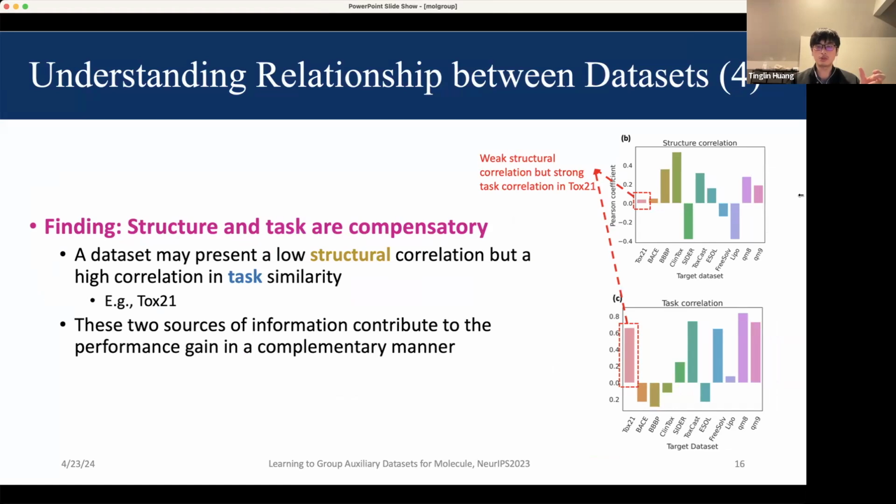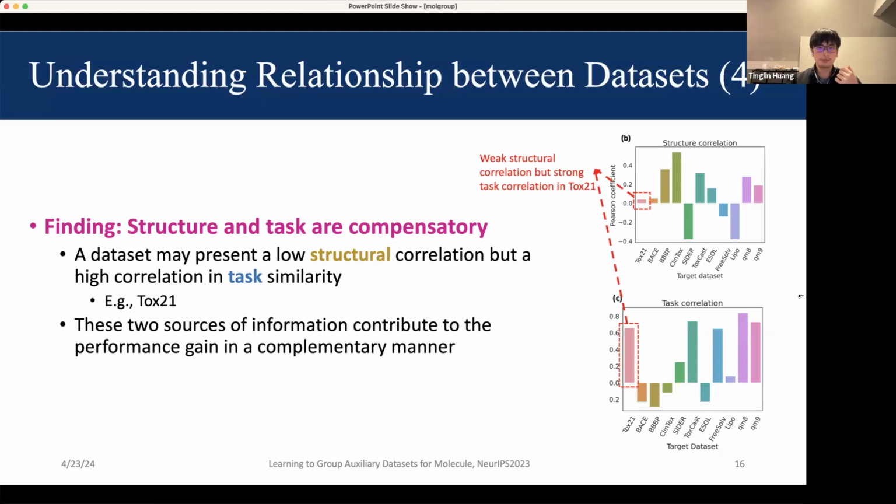For example, for Tox21, we can find a very weak structural correlation, but a strong task correlation with the relative improvement. Which means that maybe this data set requires auxiliary data sets with similar task information, like also toxicity-based tasks.